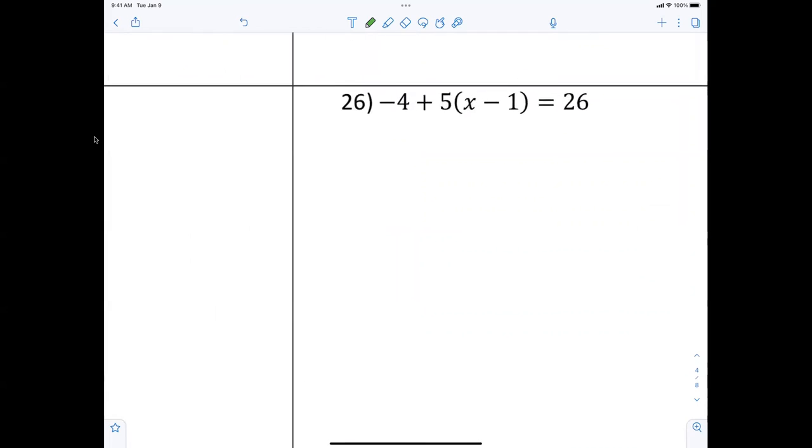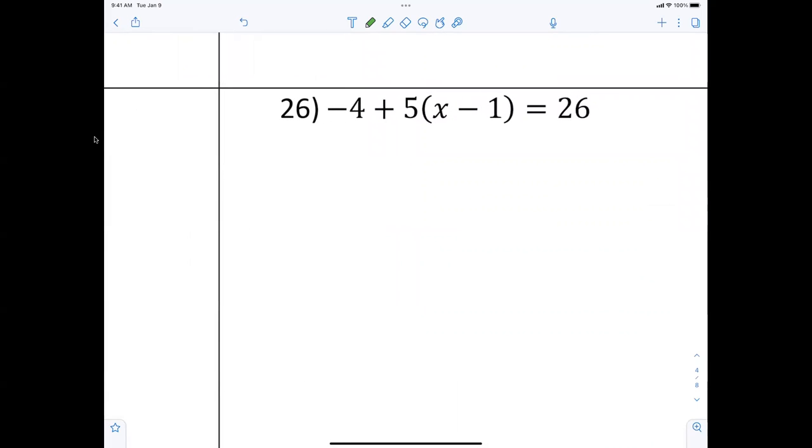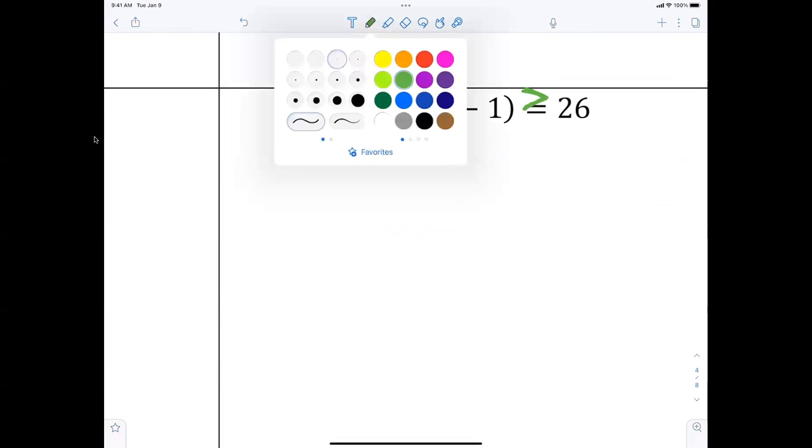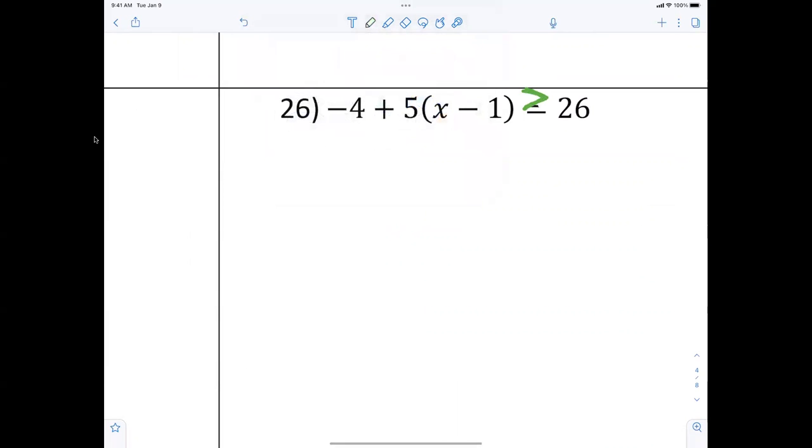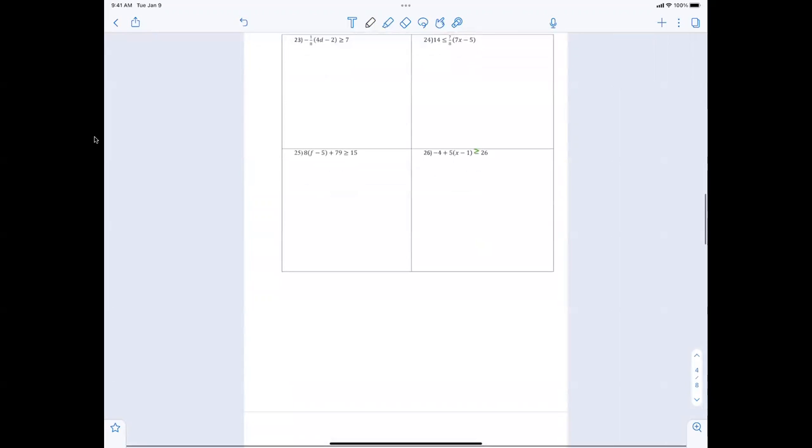Now everybody look at 26. For some dumb reason, I forgot to change that again. Change that to greater than or equal to for me. All right, so everybody's looking right off the bat at 17 through 26.